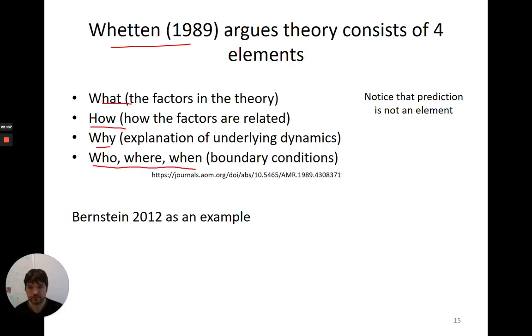We can take Bernstein as an example. There are some factors about transparency at an organizational workplace and how productive people are. These are some of the what factors involved. His claim is that there is a link between how transparent the workplace is and how productive people at the workplace are.